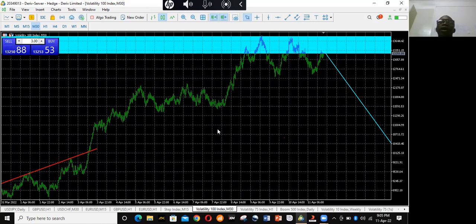Start by identifying the major supports and the major resistance levels that are horizontal.